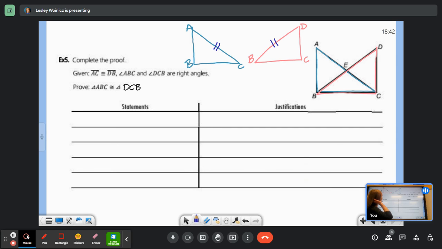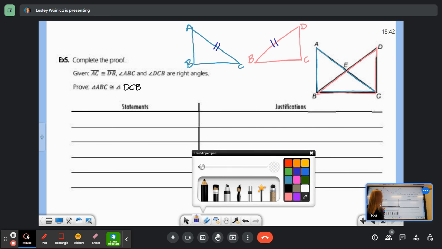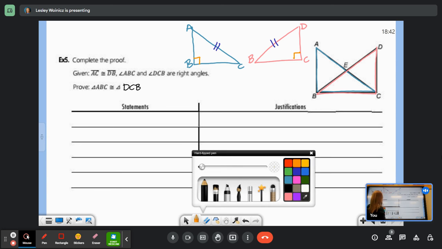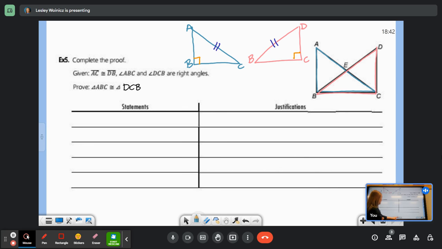They're also telling us that angle ABC and angle DCB are right angles. The last thing that we're going to have to use is the reflexive property again to say that BC is congruent to itself.